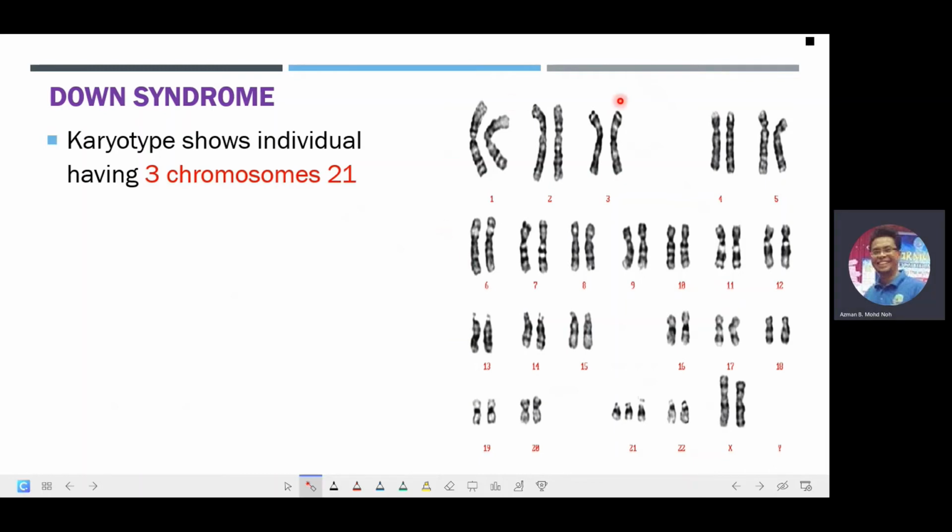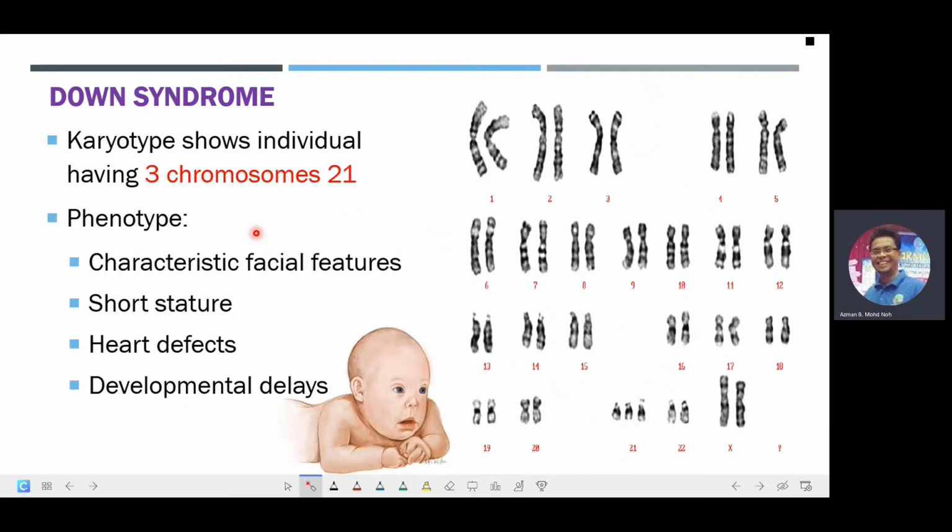This is a karyotype which shows all the chromosomes for an individual. From this karyotype, we can see that this individual has Down syndrome because this individual has 3 copies of chromosome number 21 over here. As a result, this individual will show some unique phenotypes.